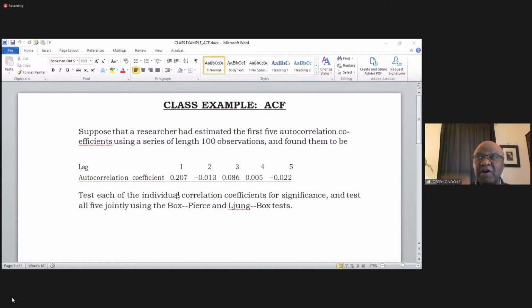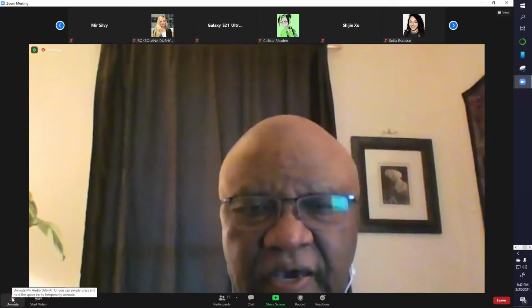I built a confidence interval up and down for each of these, and for lag 2, the autocorrelation was in between that interval. For lag 3, lag 4 and lag 5 as well. Only lag 1 was outside of the interval, so it was significantly different from 0. So essentially, that's what I'm asking you to do here.